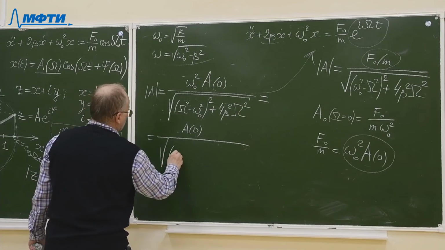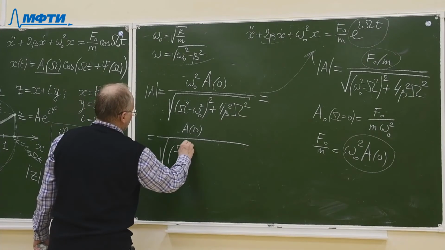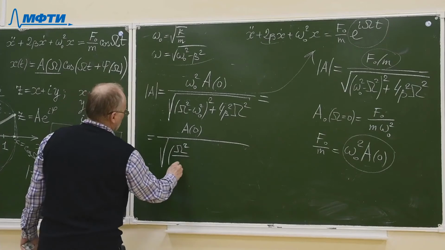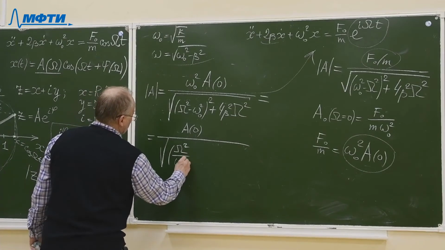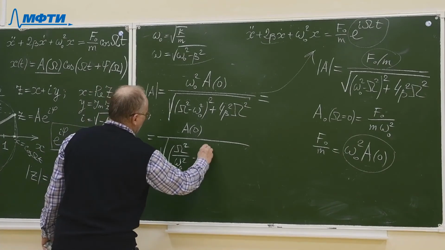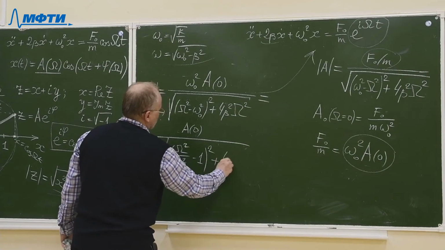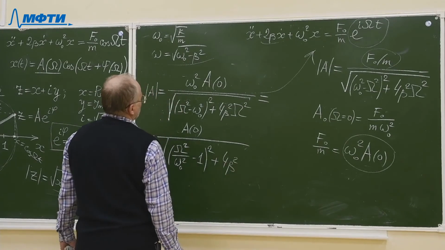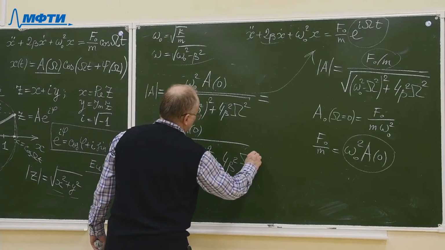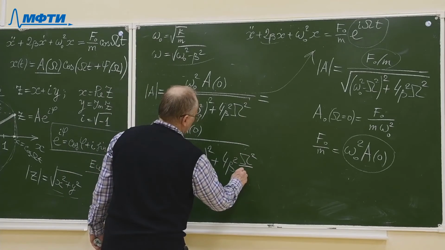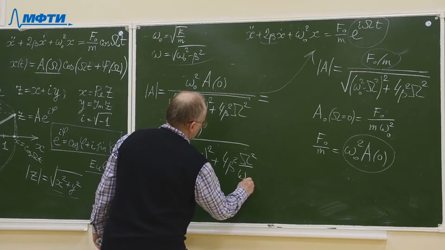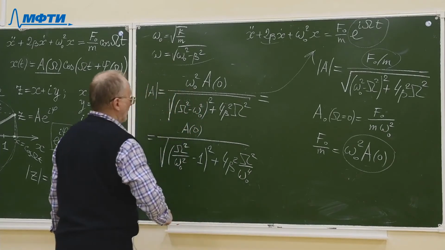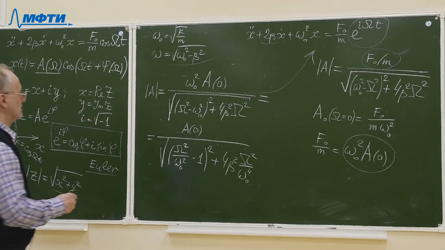It will look in this way: capital omega squared by omega 0 squared minus 1, squared, plus 4 beta squared, and what we have here, omega squared divided by omega 0 to the power of 4, right?